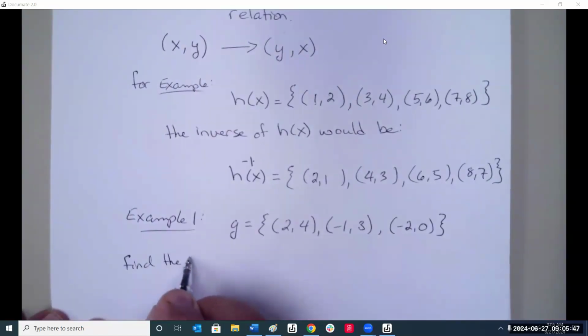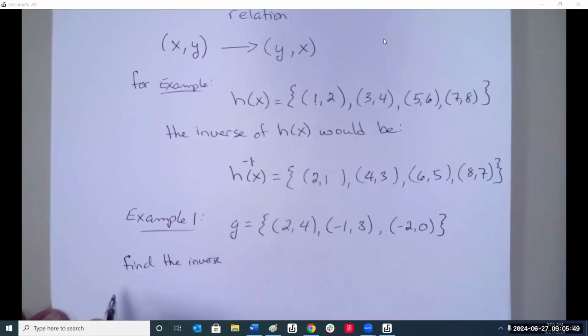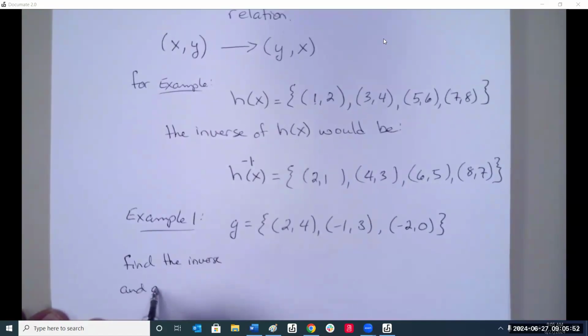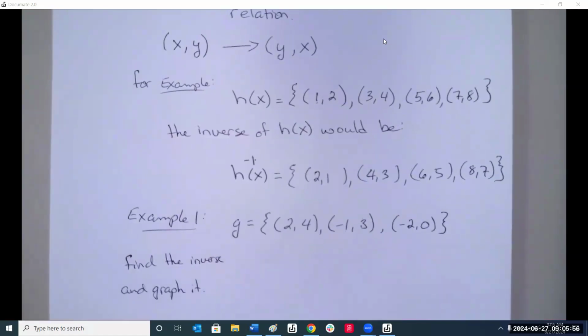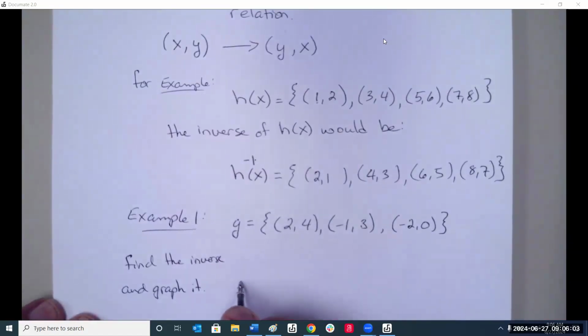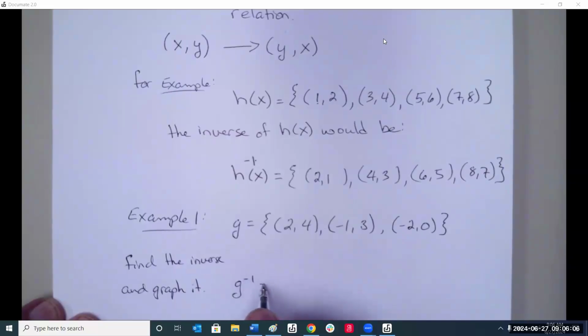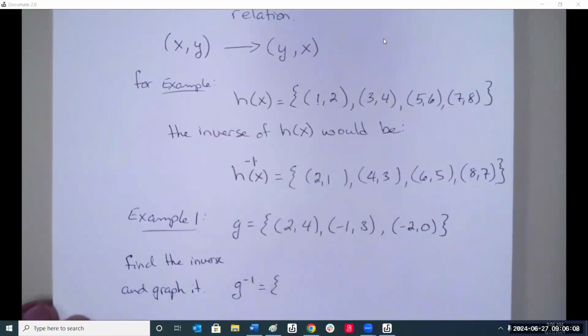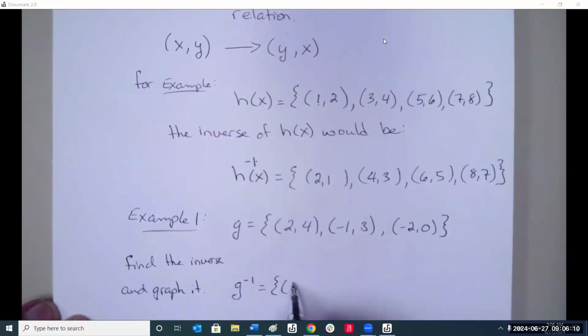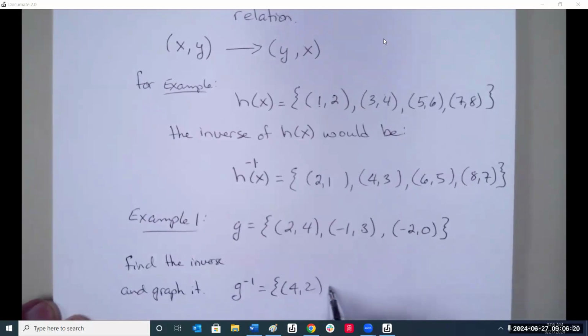Find the inverse and graph it. So what would the inverse be? (4, 2).